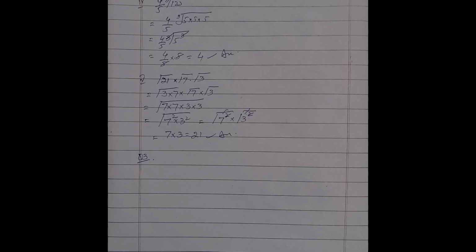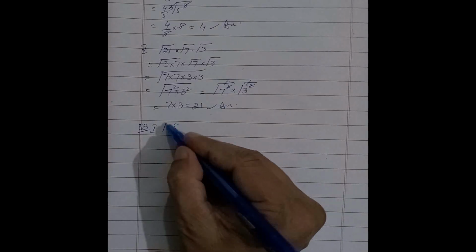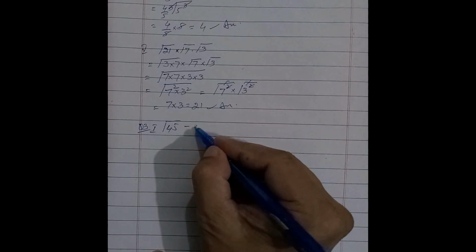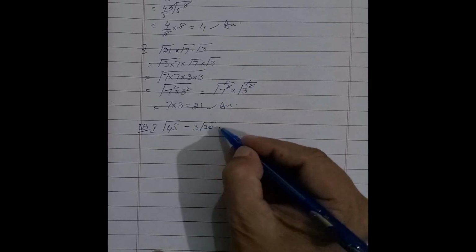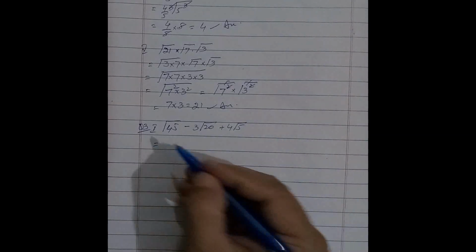Simplify by combining similar terms. So we can combine, meaning add or subtract, the similar values. We get part 1 is square root of 45 minus 3 square root of 20 plus 4 square root of 5.